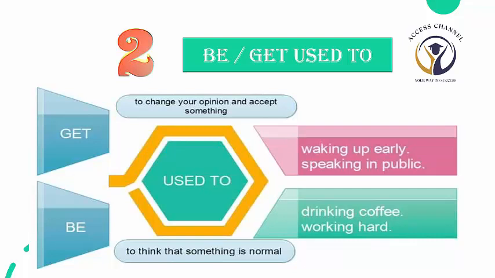But when I say I'm used to drinking coffee, I'm familiar with that. I'm already accustomed to drinking coffee. Or I am used to working hard. It means that I'm already a hard worker. I'm familiar with that.